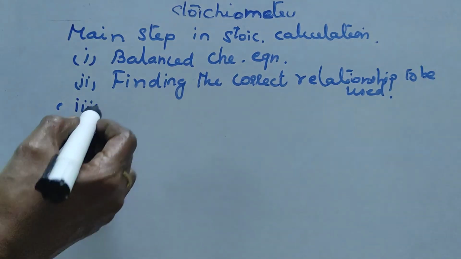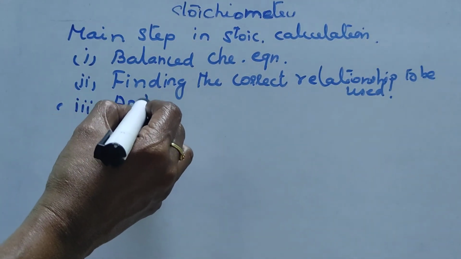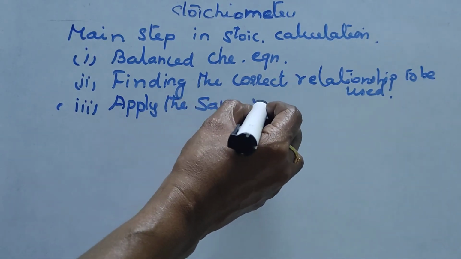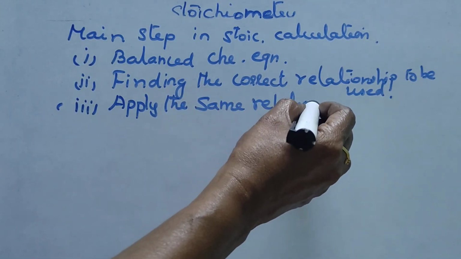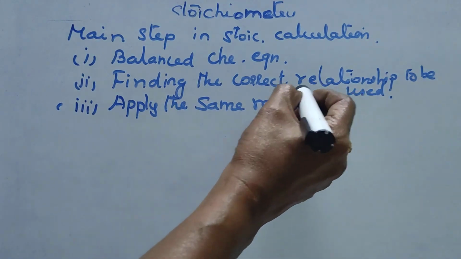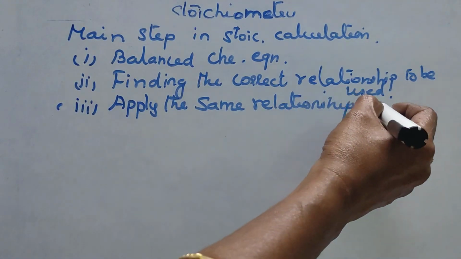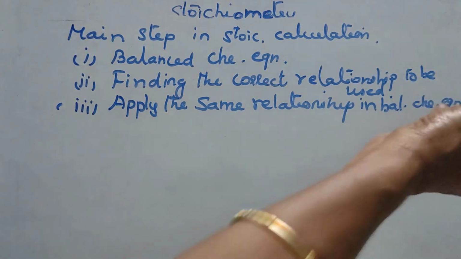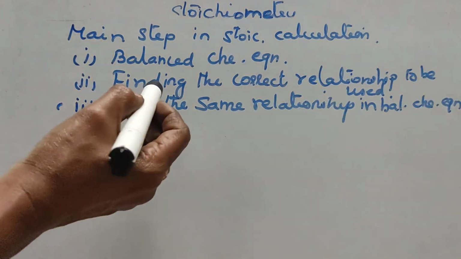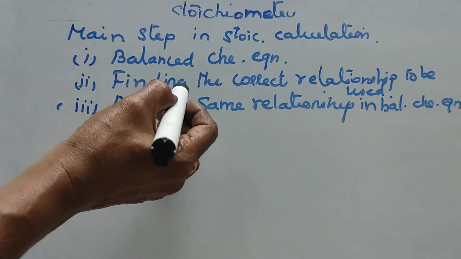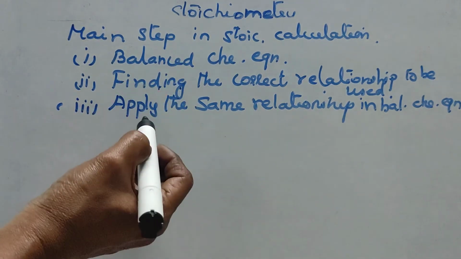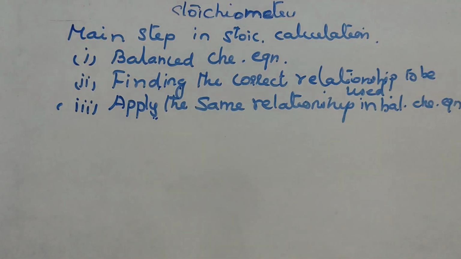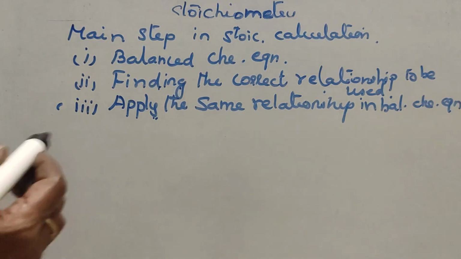Third one, apply the same relationship in balanced chemical equation also. The same relationship, we have found out the correct relationship here. The same relationship we are going to apply in the balanced chemical equation also.